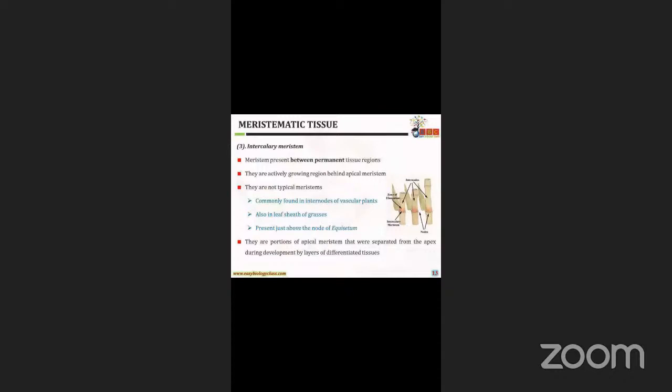Next, tunica corpus theory, proposed by Schmidt, 1924. The plant body developed from independent groups of initial cells.